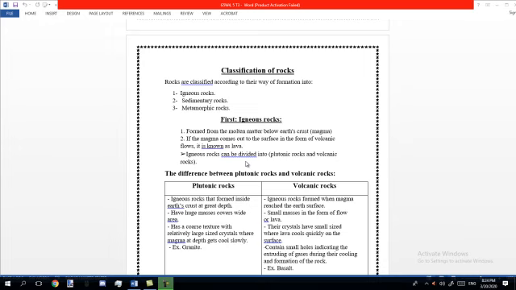We said that igneous means hot, so the igneous rocks are formed from the magma which comes out from underground as a very hot and viscous liquid. The second type of rock is the sedimentary rock, which is formed from sediments.